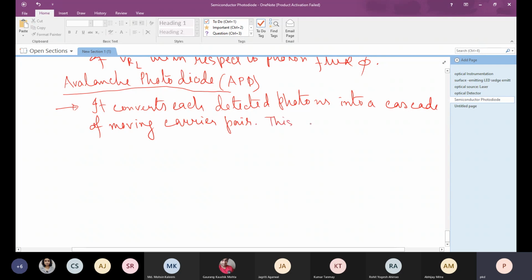This is achieved by applying a comparatively much larger reverse bias.